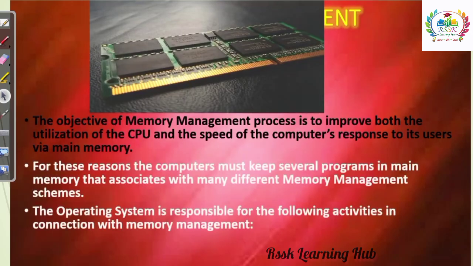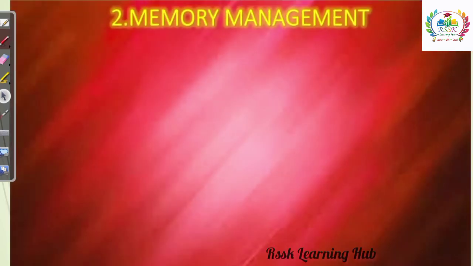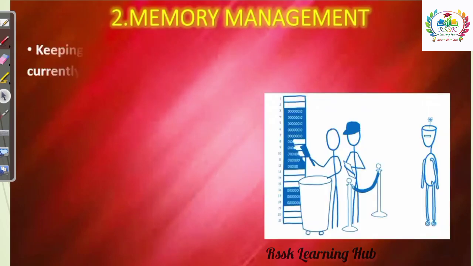The objectives of the memory management process are to improve both the utilization of the CPU and the speed of your computer's response to its user via main memory. For this reason, the computer must keep several programs in main memory. They are associated with many different memory management schemas. Now we will see the responsibilities they have to follow in achieving the criteria of your memory management process.